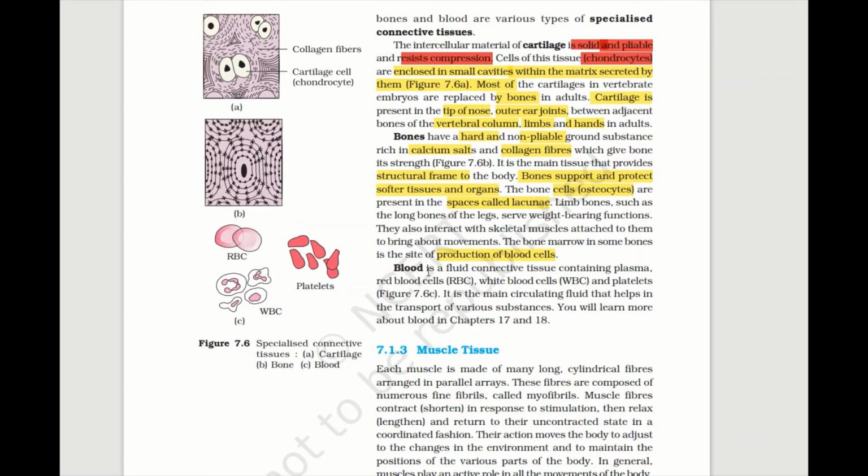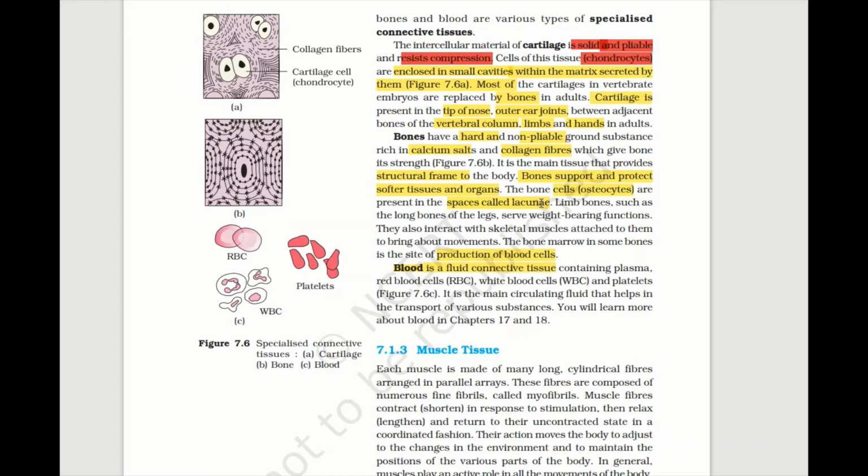So the last special connective tissue is blood. Blood is a fluid connective tissue. Till now we have seen all solid connective tissues, and we have seen that all of them have fibers. But here in blood, we do not have the collagen fibers, right?